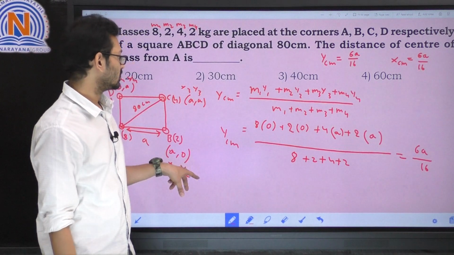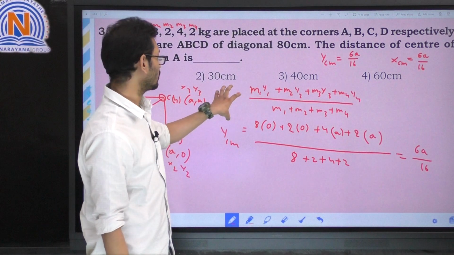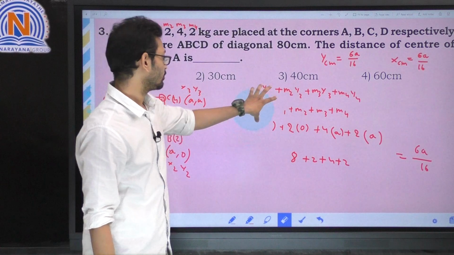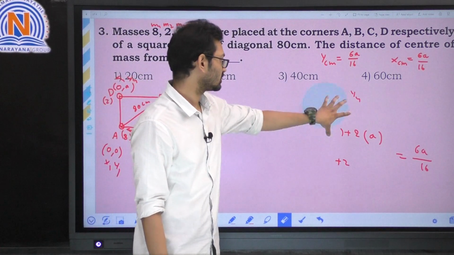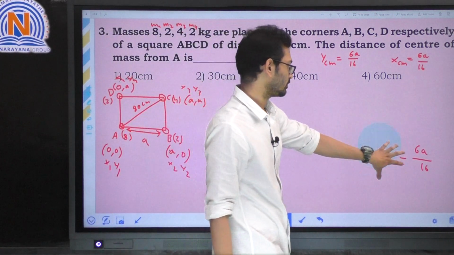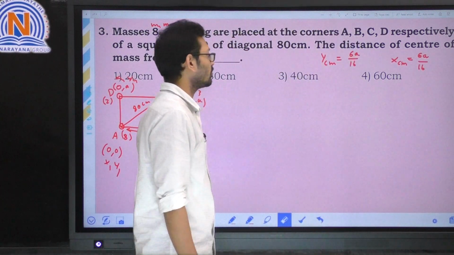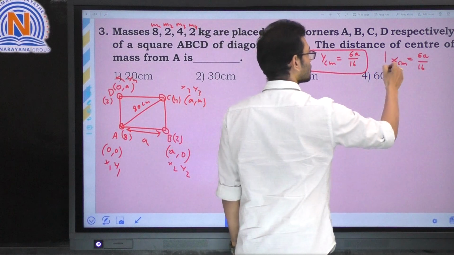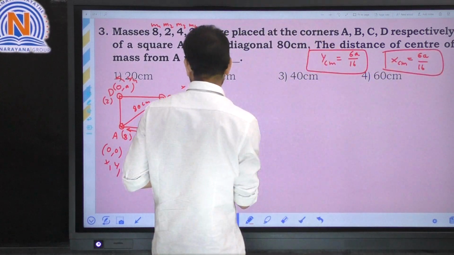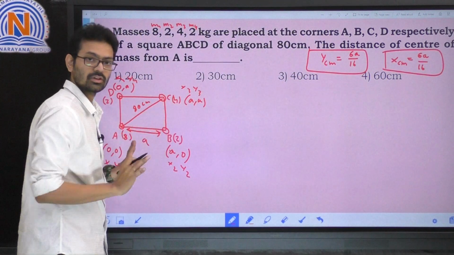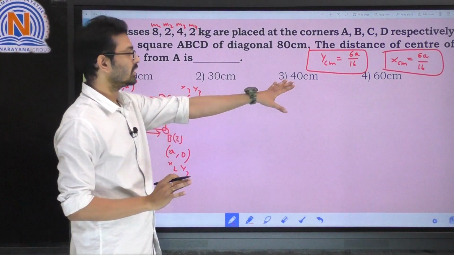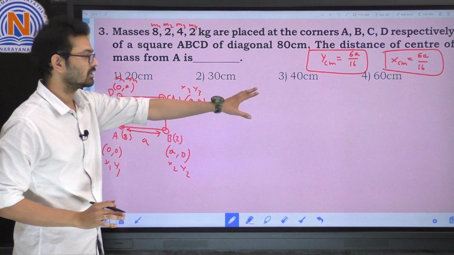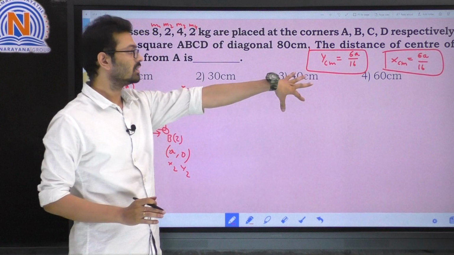Now let us try to find out the center of mass from A. We got the center of mass coordinates of these 4 masses, which are 6A by 16 and 6A by 16.